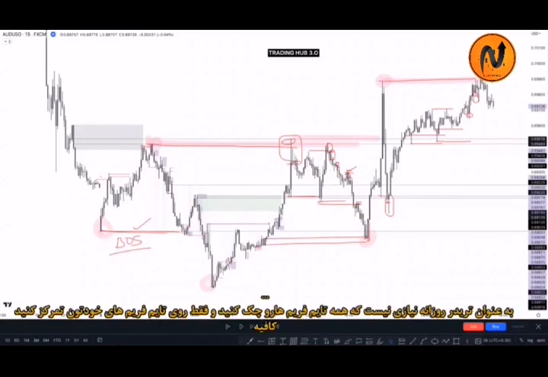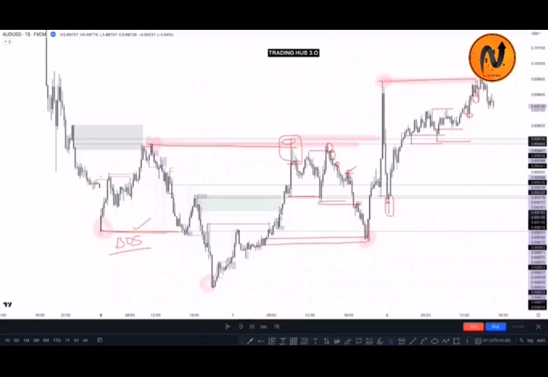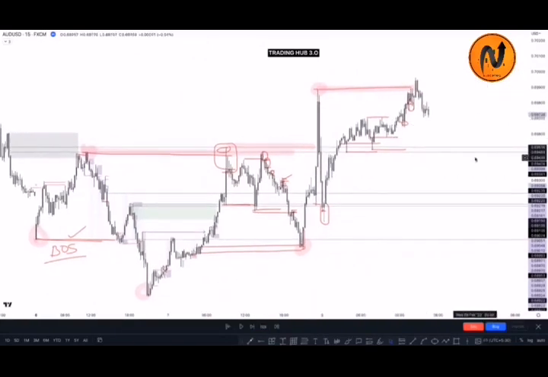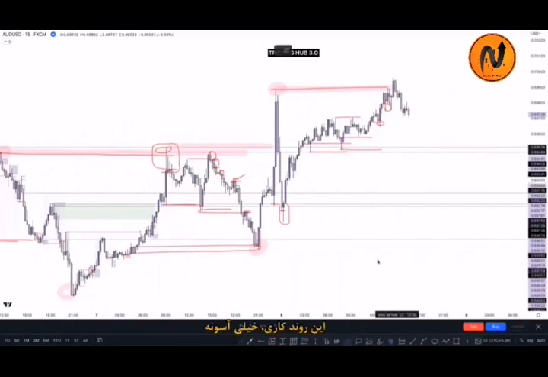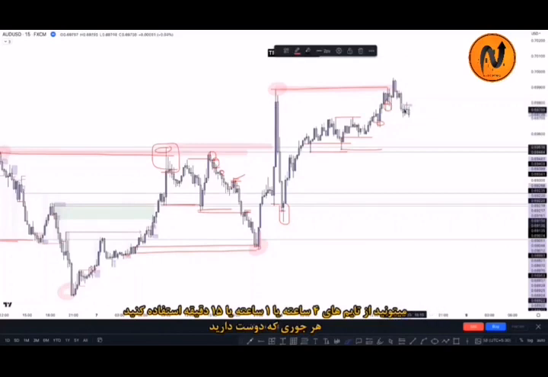But as a day trader, you don't need to check the different time frames. You just have to focus on your time frame, and simply you can find daily trades. This is a very simple process. You can also apply it on the 4-hour time frame, 15-minute, 1 hour, as you like.